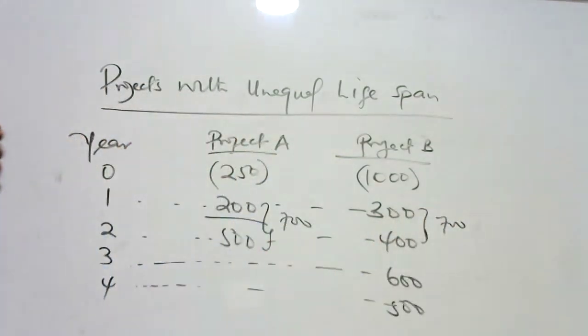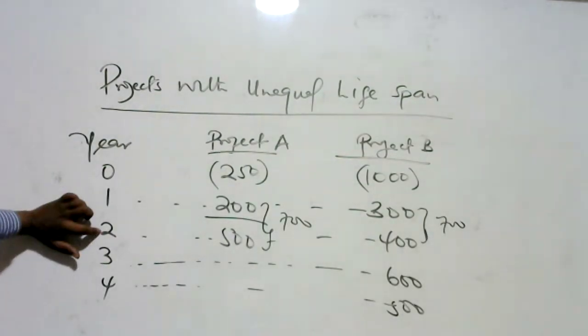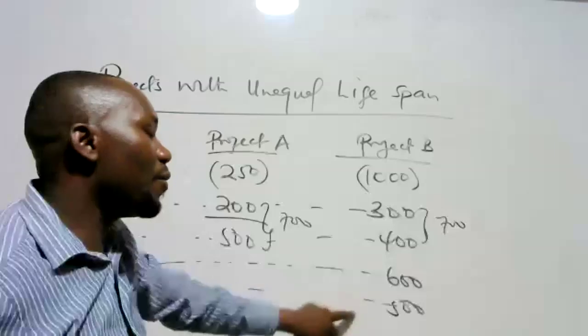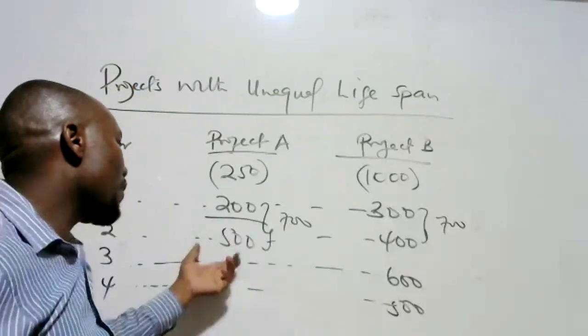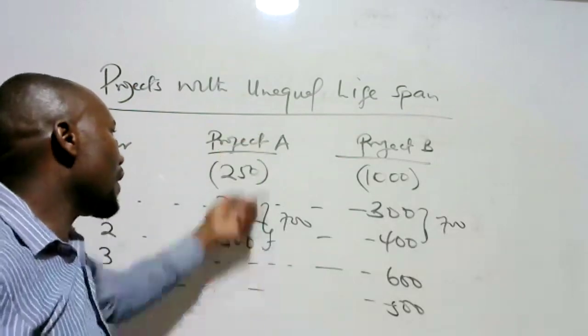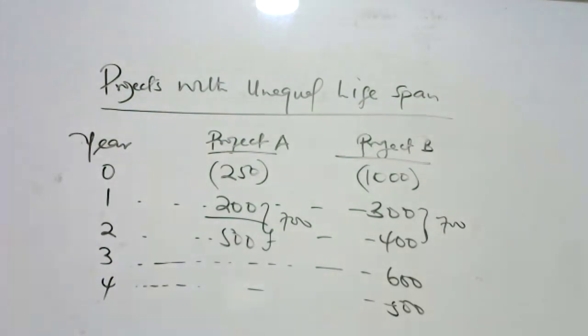So if you are to judge them, something will tell you that project A is the best because within 2 years you have recovered your money. But this one, within 2 years you have not recovered your money, though in the long run you shall be able to. When project A is not there anymore, it is not fair to judge them.